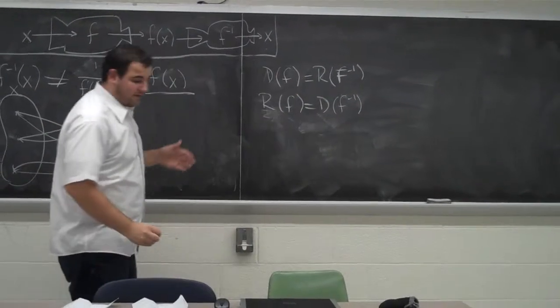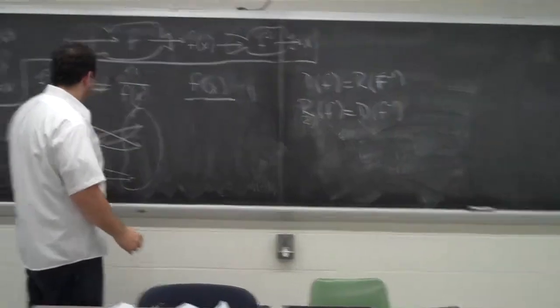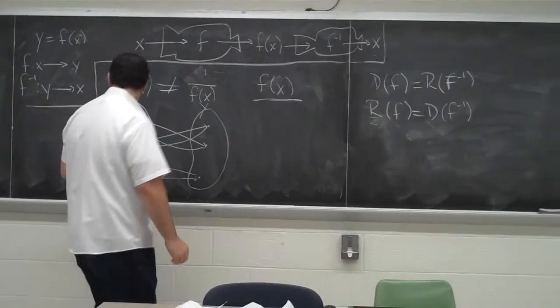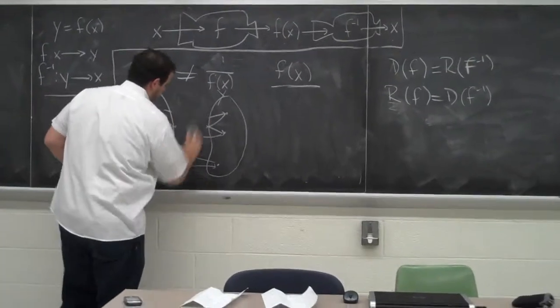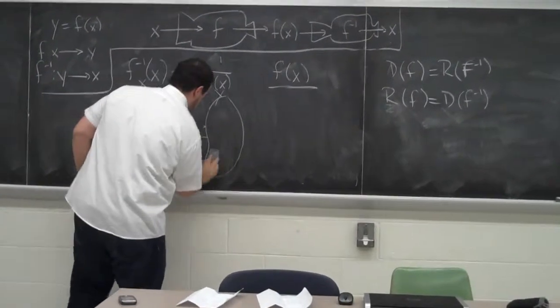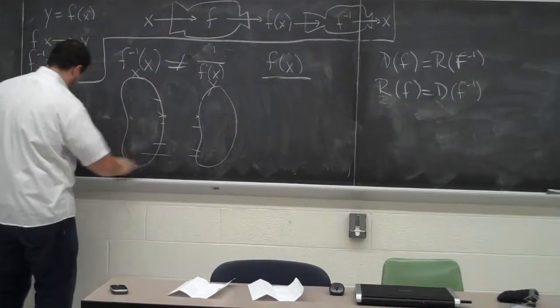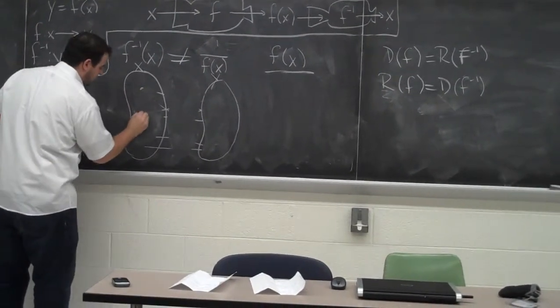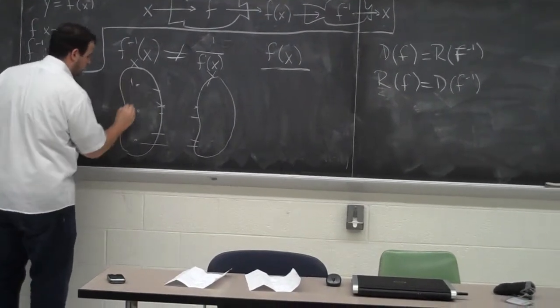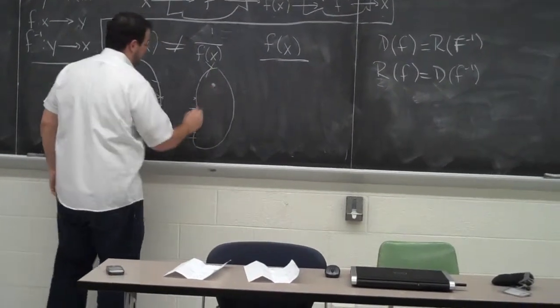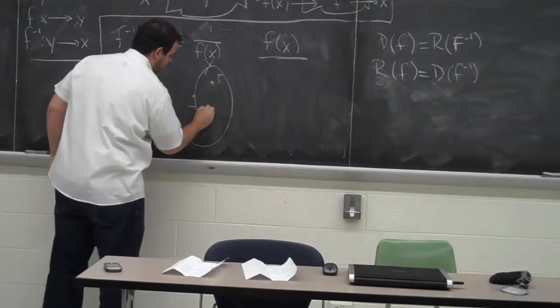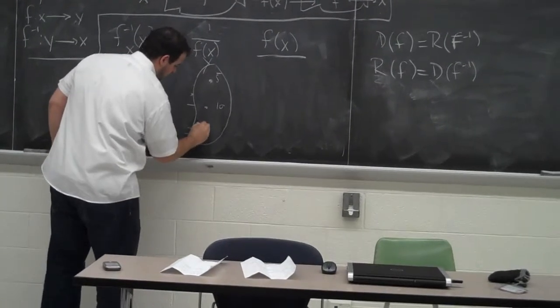I think it'll help if we just run over a quick example using some numbers. So if we look at the same picture again, let's say we gave ourselves a couple of points. Let's say this is 1, 3, and 5, and they're going to some other points, 5, 10, and 7.